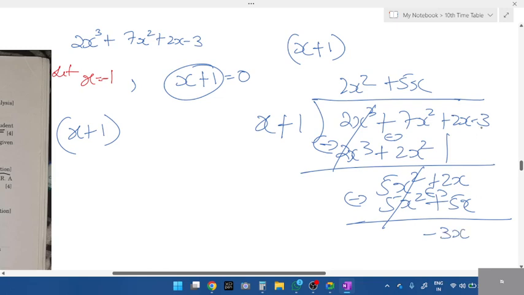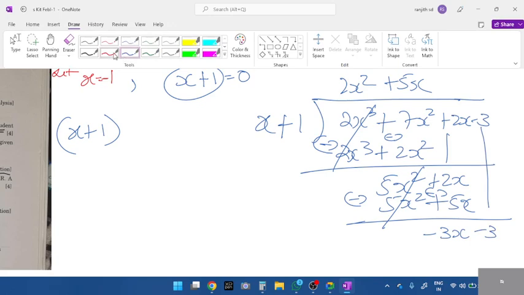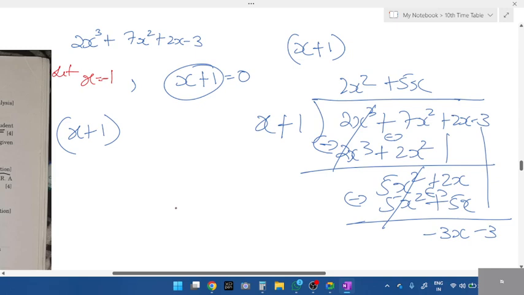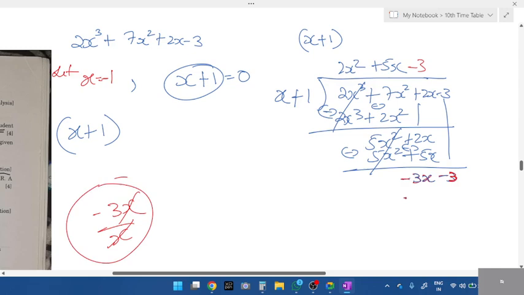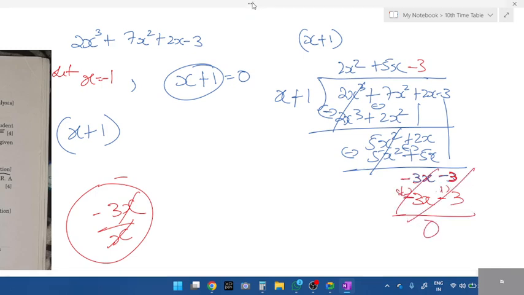You get minus 3x, students. Minus 3x, bring down minus 3. Then how many times does x go in minus 3x? Divide it. How many times, students? Minus 3, right? Look, I've shown the calculation here. Minus 3. So it becomes minus 3x plus 1 into minus 3 is minus 3. It becomes 0. All of you got this answer?